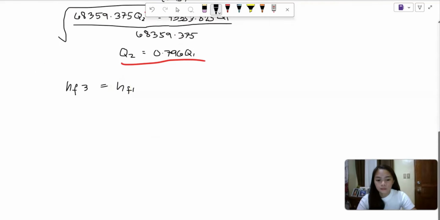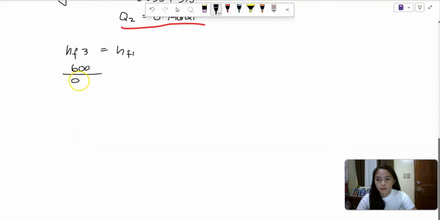The length in pipe 3 is 600 all over 0.50 or 0.5 raised to 5, then Q sub 3 squared is equals to 800 all over 0.45 raised to 5 Q sub 1 squared.